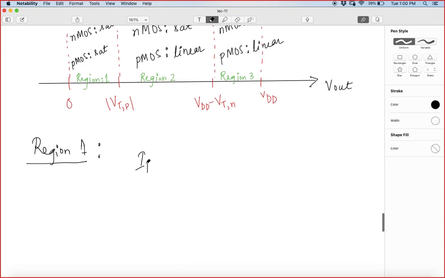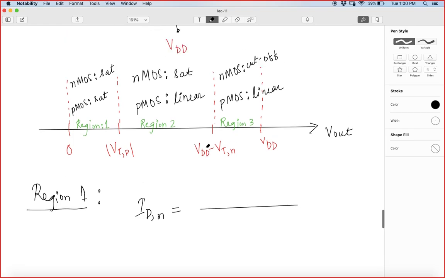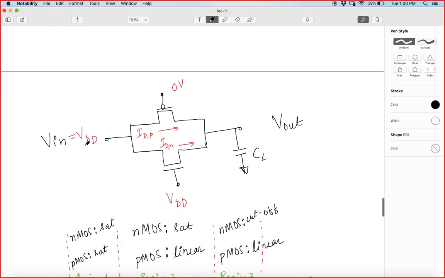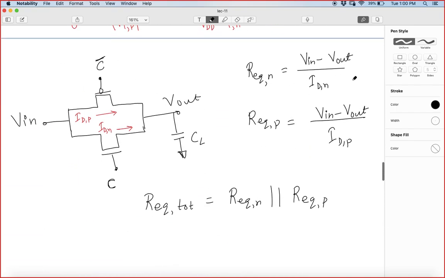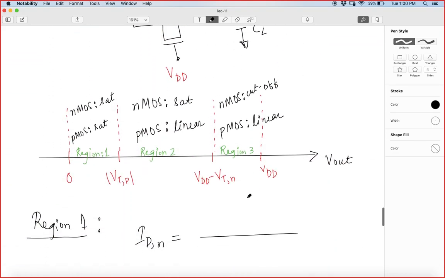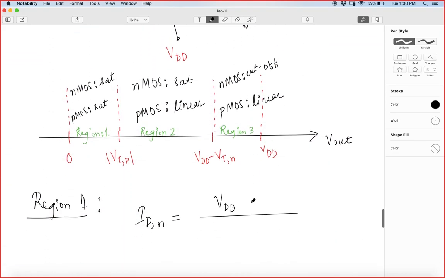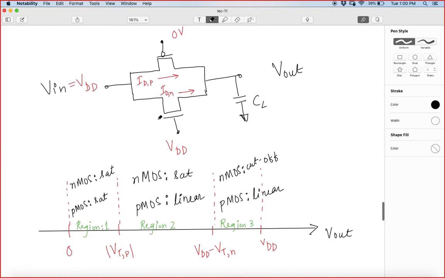My IDN will be nothing but, the potential difference here is Vin minus Vout. Since Vin is equal to VDD, I can write this as VDD minus Vout. The current flowing through in the saturation region is Kn by 2 times VGS squared.